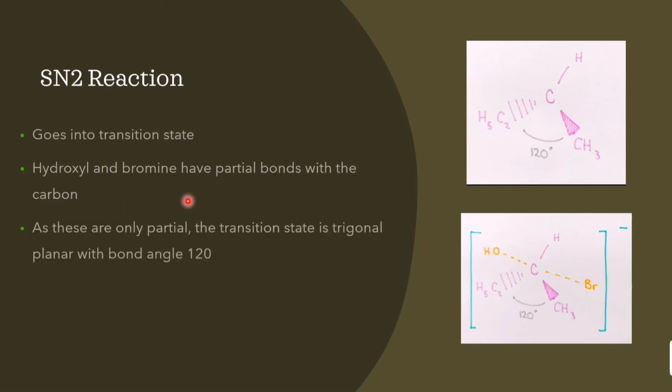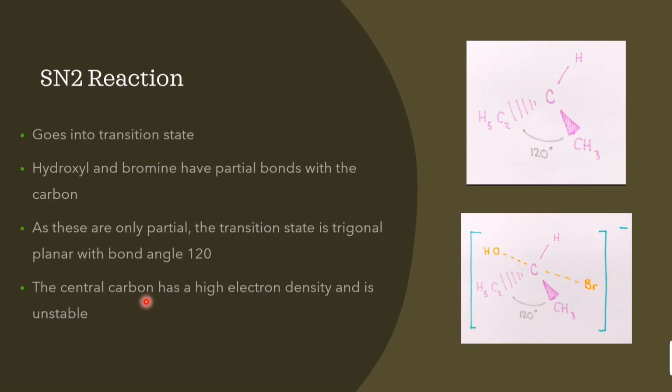But because these bonds are only partial, the transition state is actually trigonal planar. So you can see here, this is what our molecule looks like without the partial bonds. So it has a 120-degree bond angle because it's trigonal planar, because these partial bonds don't contribute to the overall shape of our molecule.